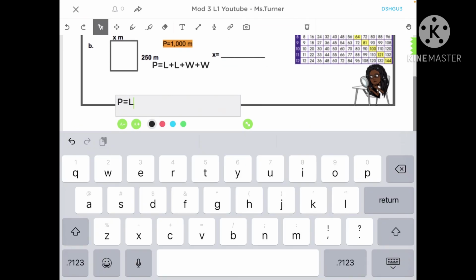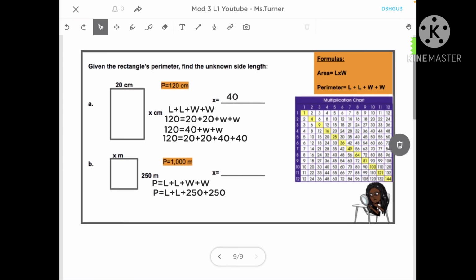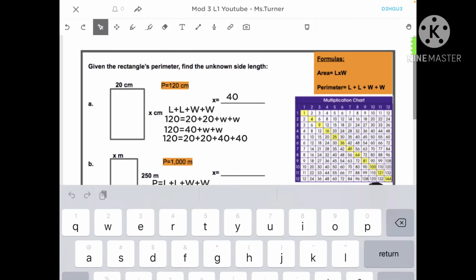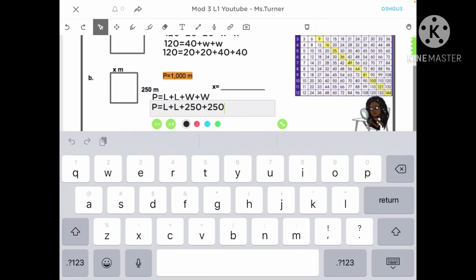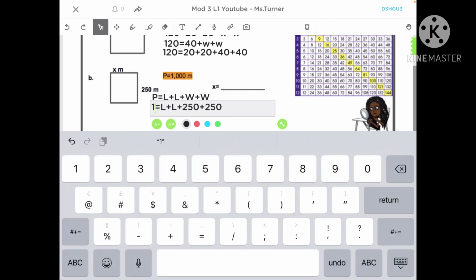So perimeter equals length plus 250 plus 250. Same as before, you guys. I also know my perimeter, which is 1,000. So we can actually substitute P for 1,000.